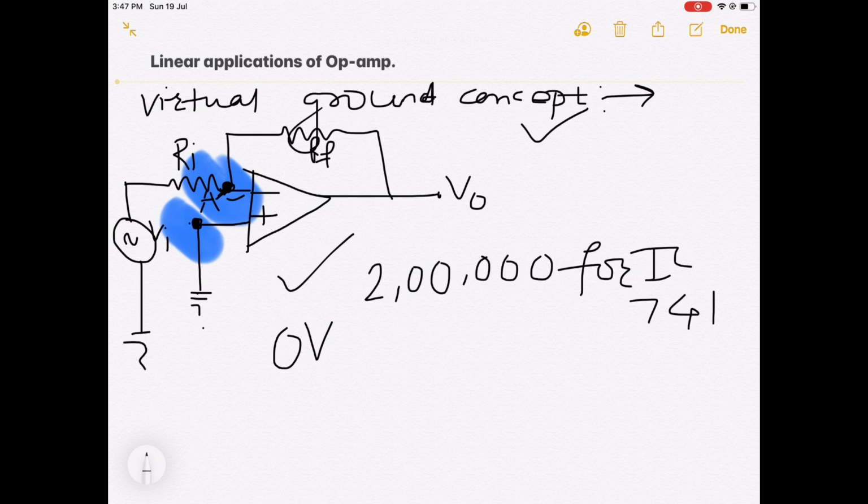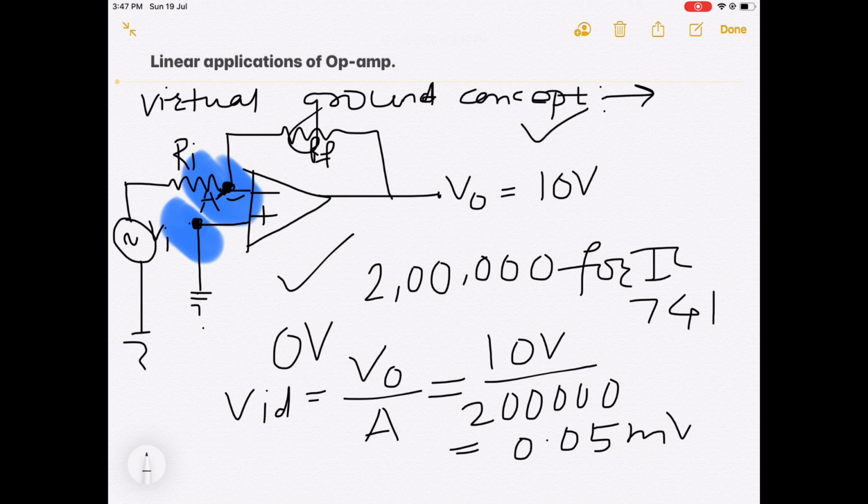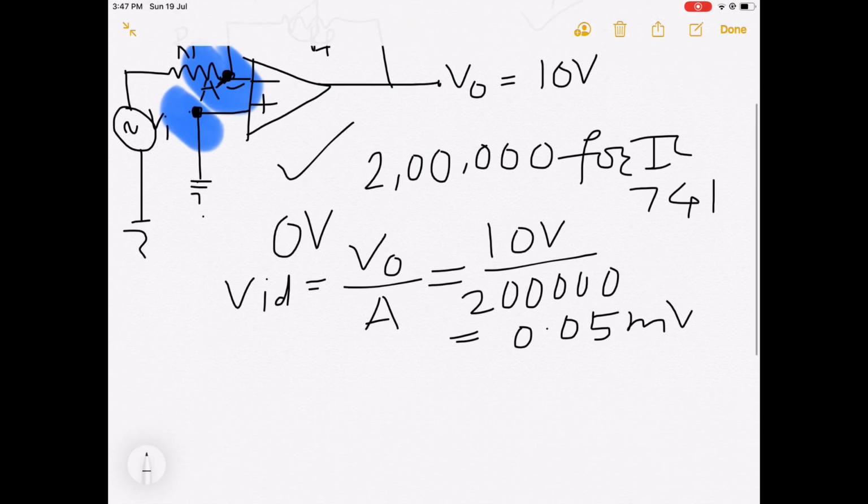Suppose, as an example, when output voltage is 10 volt, the input differential voltage VID is given by VO upon A. So, VO is 10 volts, gain is 2 lakhs. So, what will be your VID? 0.05 millivolts.